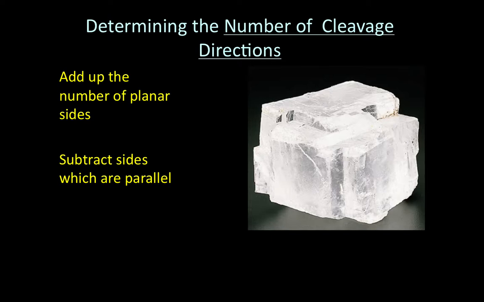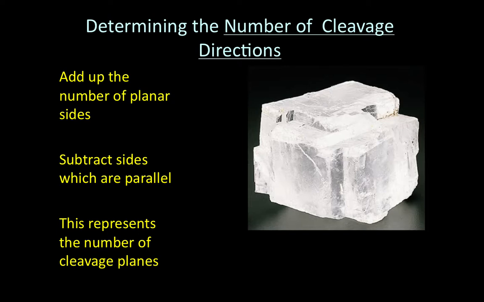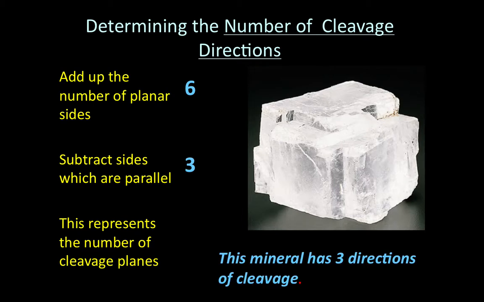And so on a dice, the top and the bottom are parallel. One side and the other side are parallel, and in the other direction, the sides are parallel. So there's 3 sides that are parallel. So when you do the subtraction, we initially have 6 planar sides. We subtract 3 sides which are parallel. The answer tells us the directions of cleavage. So we would say a cube has 3 directions of cleavage.